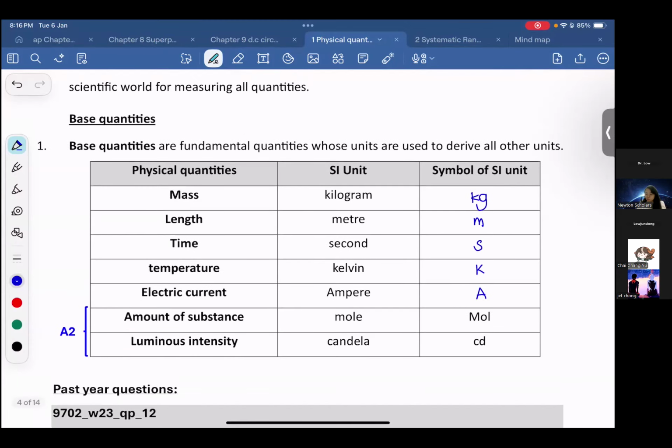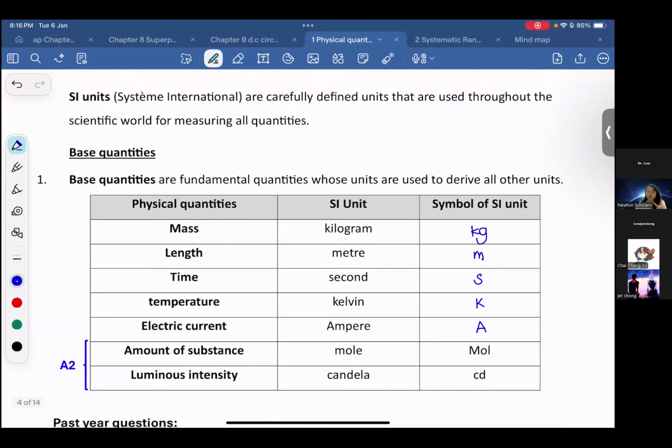We know these 5 base quantities. Okay, I'll teach you how to memorize these 5 quantities. During the MCO, we always need to weigh something before we go out. All the time you are outside, you need to weigh the mass. Am I right? Mass. How many kg? Count in kg. We weigh, let's say, 1 kg. Kg is the unit for mass. 1 meter is the unit for length, or we say distance. 1 ampere.